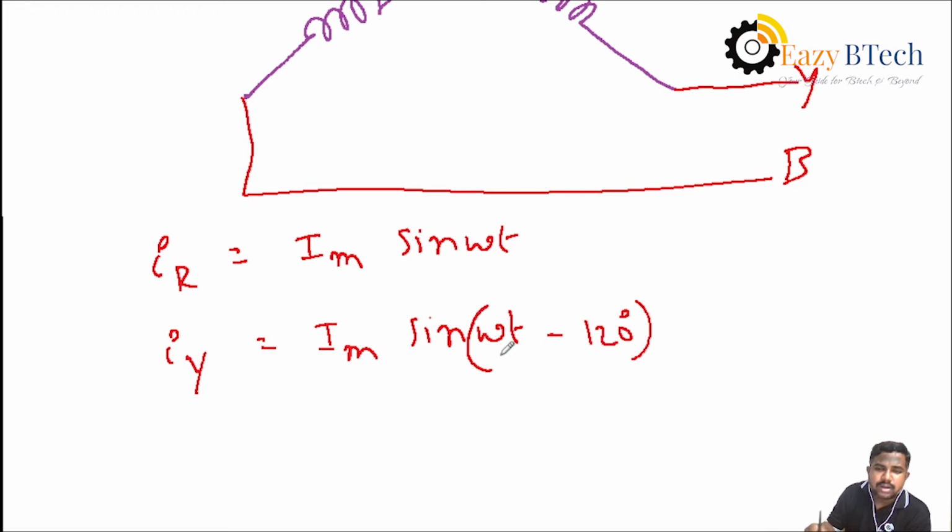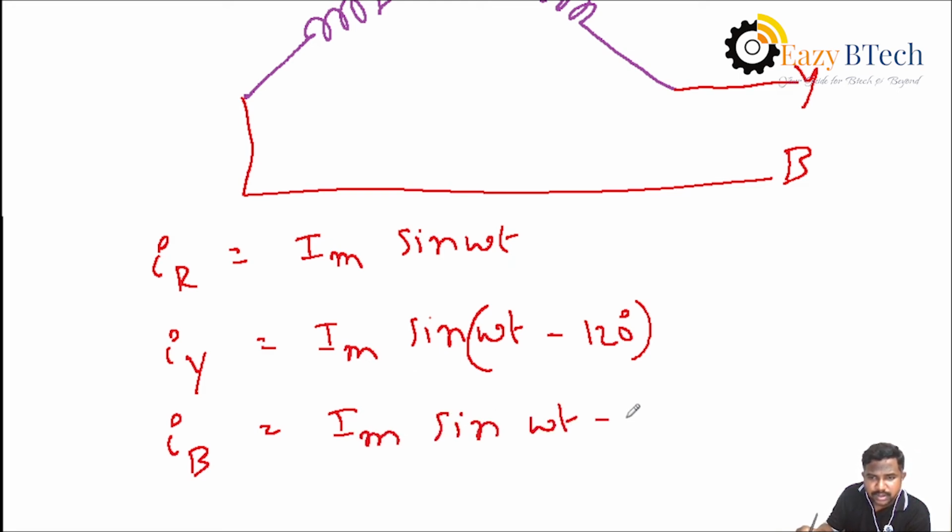Any two phases have a phase difference of 120 degrees. Similarly, IB equals Im sin(omega t minus 240 degrees).